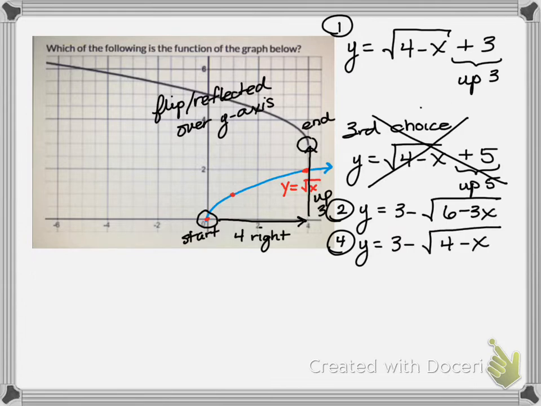Okay, so here's that up 3. So 1, 2, and 4 are our only choices so far. Well, that's not going to help. Now we have to look for what says 4 to the right. Well, by looking at our choices, number 2 does not look like it's going to happen because of the way it's written. It doesn't even have a 4.